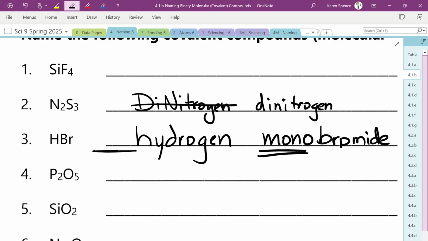And that would be sulfur, with sulfur, sulfide.